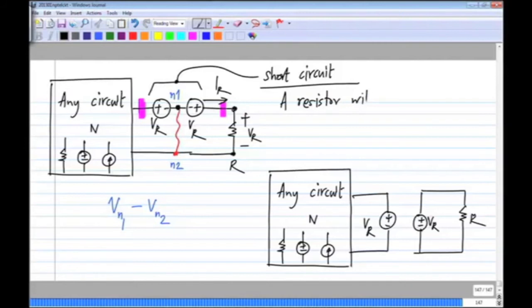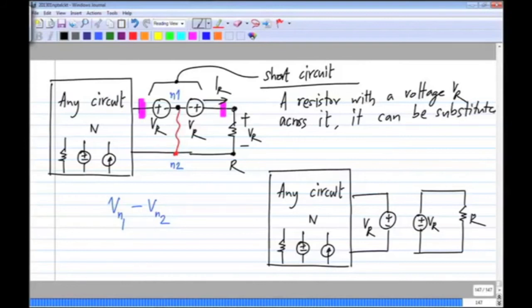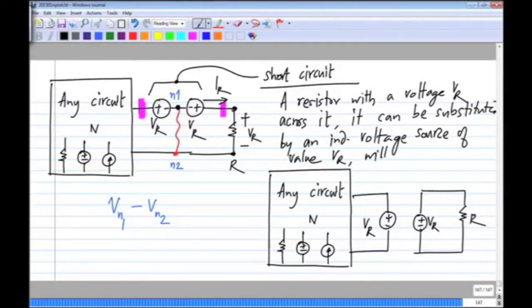If you have a resistor with a voltage VR across it, it can be substituted by an independent voltage source of value VR without changing the circuit solution.